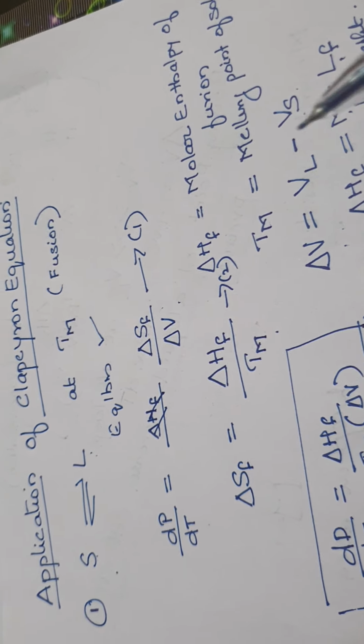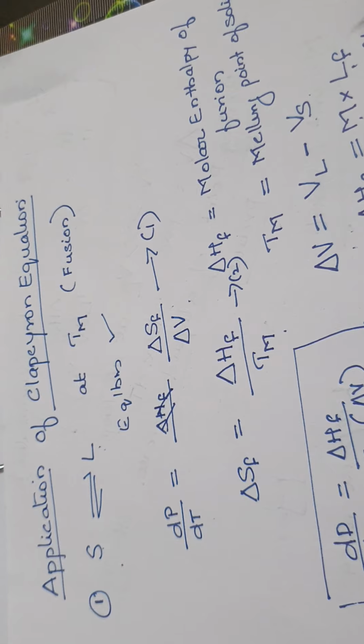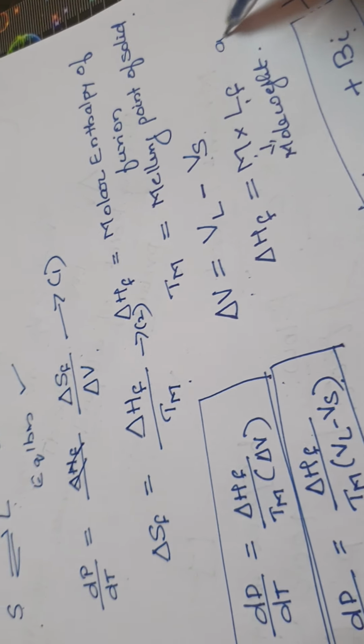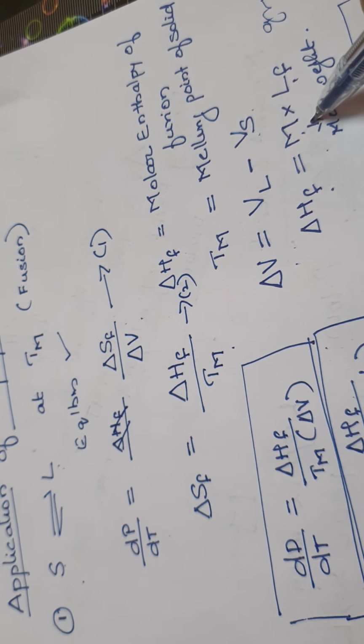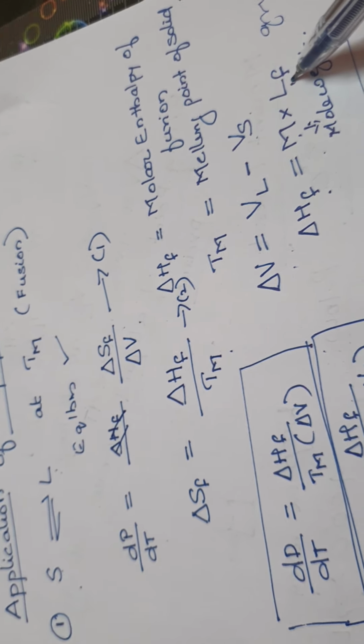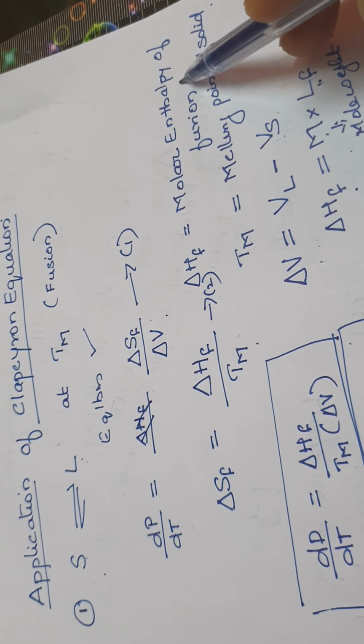And one more form, if we are not taking the weight in terms of molar, if it is in terms of gram, we can use this expression: ΔH_F = molecular weight of the substance × latent heat of fusion. So it will give you molar enthalpy of fusion.